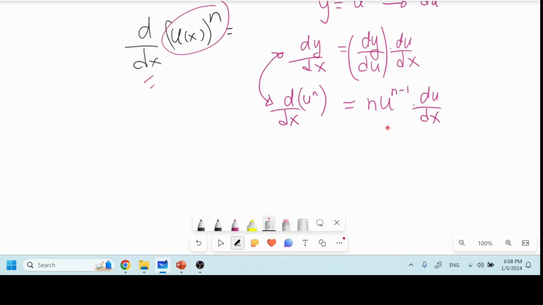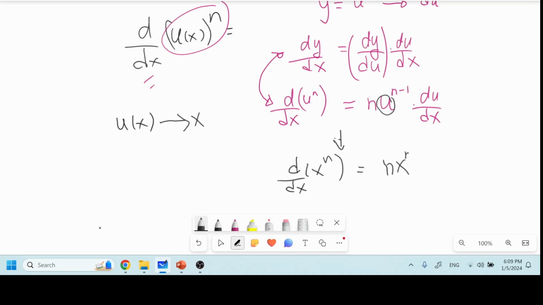In the very special case where you set u of x to x itself, that is, you take the function u to be just equal to x itself, then it is possible to reduce this to d/dx of x^n equals n times x raised to the power of n minus 1, and du/dx is simply equal to 1 when you replace u by x.